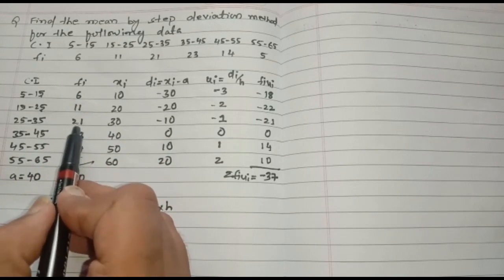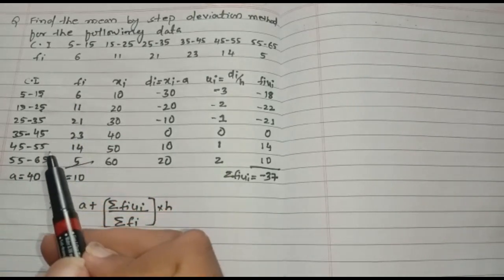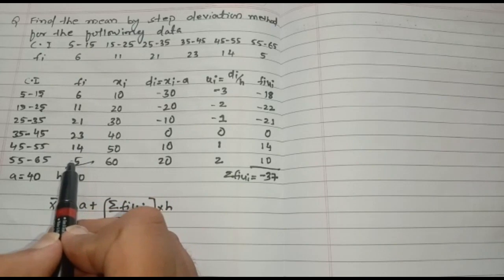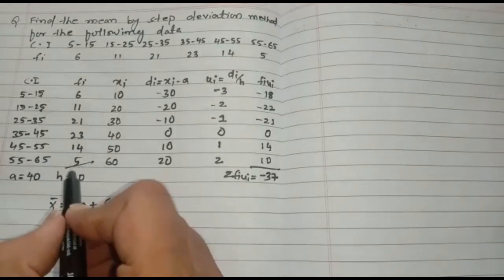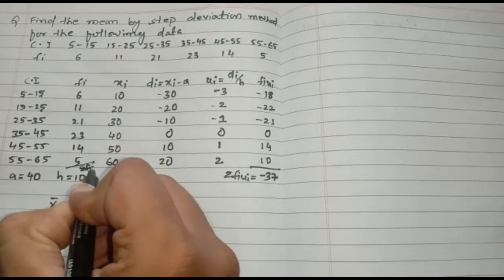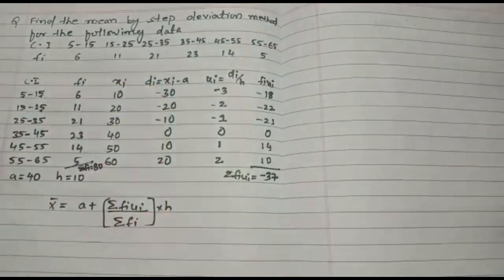Then 38 plus 23 is 61. Then plus 14 and plus 5, that will give you sum of fi, that is 80. Sum of fi is 80.